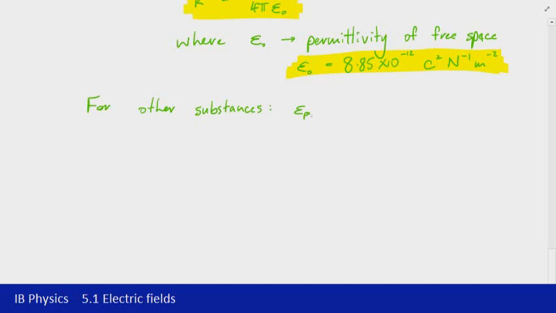The permittivity of paper is 3.4 by 10 to the negative 11, so you can see it's a bit higher than for a vacuum. So you can straight away identify that the higher the permittivity, the harder it will be for electric forces to be transmitted through paper compared to a vacuum. For rubber, it's 6.2 by 10 to the negative 11, so again a bit higher than paper.